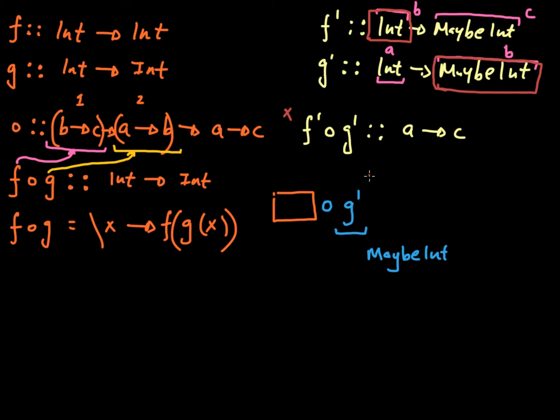That's simply the definition of function composition, right? I'm just applying the definition there. But over here, the output of g prime, which is still a maybe integer, cannot be fed into f prime because f prime expects an integer. There's a mismatch in my types there, and that's why this is a failure.